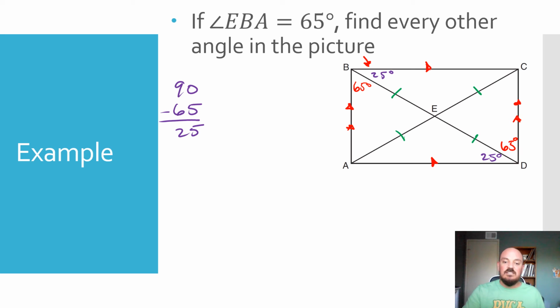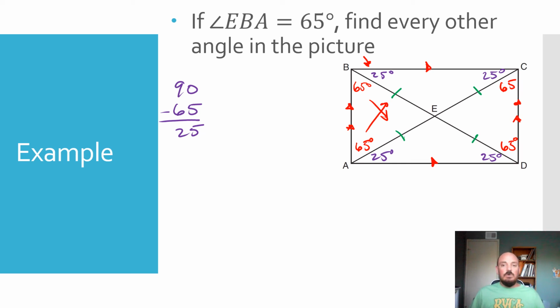So if this 65 matches up with this side, then this angle has to be exactly the same. And same thing over here. That makes this one a 65. And then for the same reason in the top and bottom triangles, you get 25 here and here. So actually you get 65s and 25s all the way around. It repeats on a rectangle.